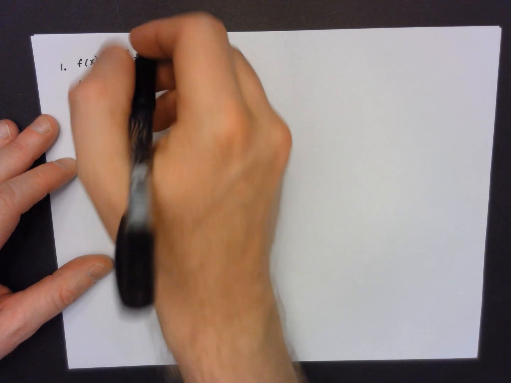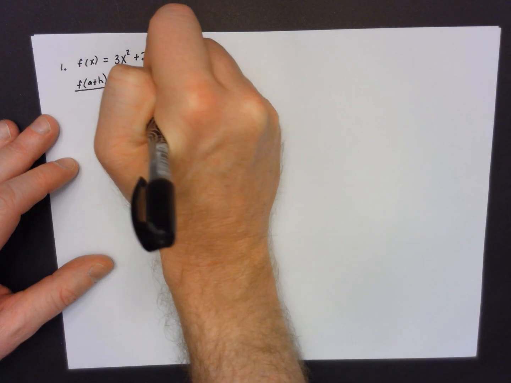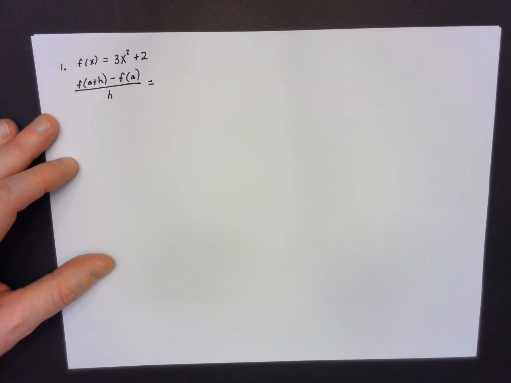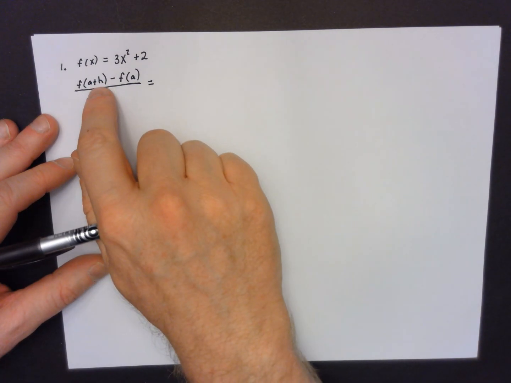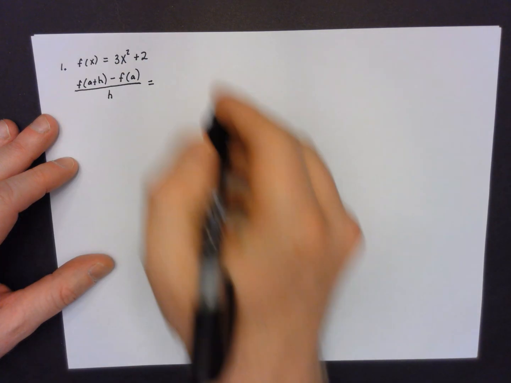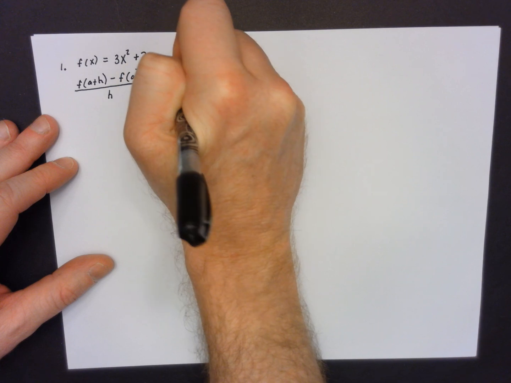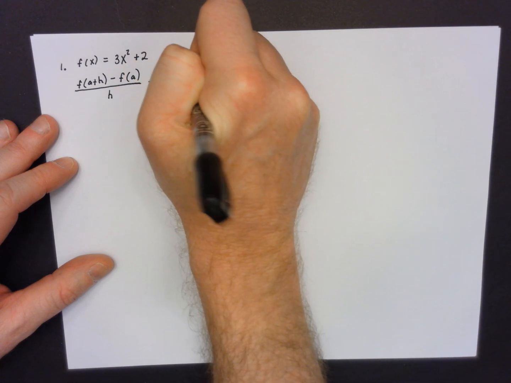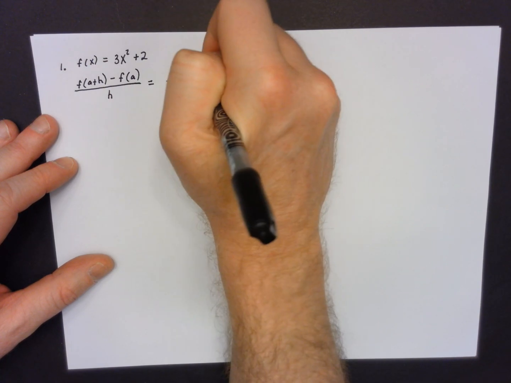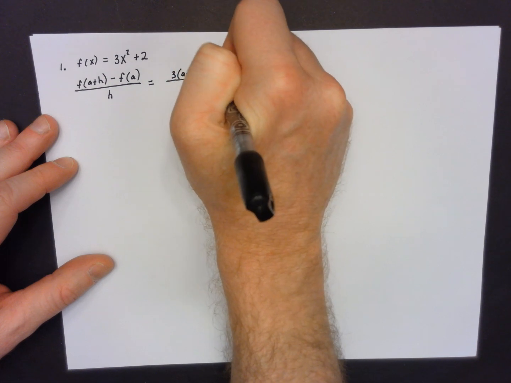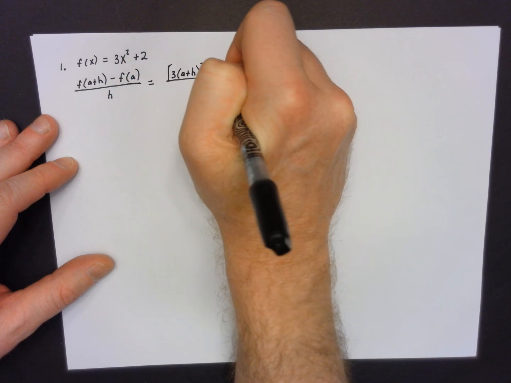But now the point of the difference quotient is to apply this to this function. So I can say, all right, if I apply f of a plus h to this function, it's going to become 3 times the group a plus h squared plus 2. All of this is f of a plus h.